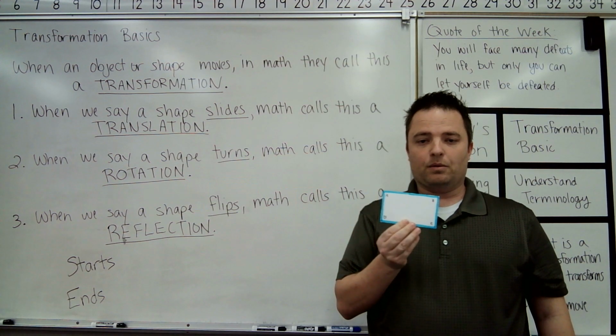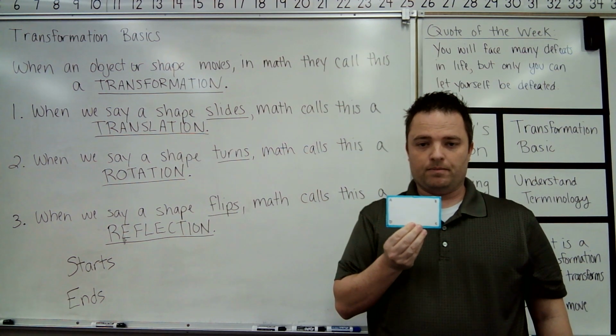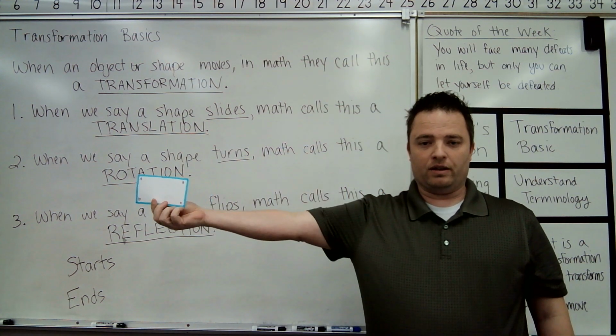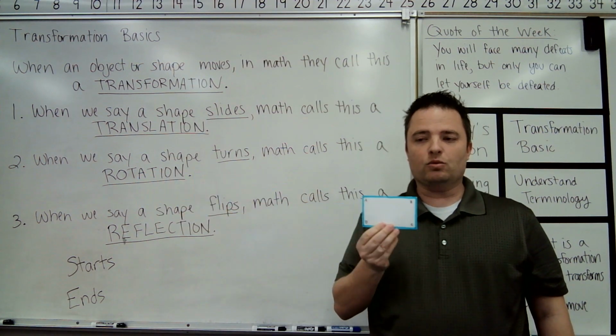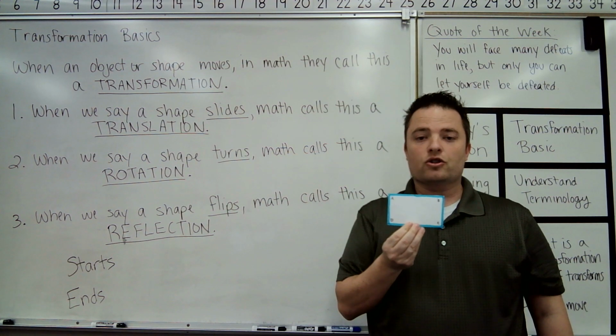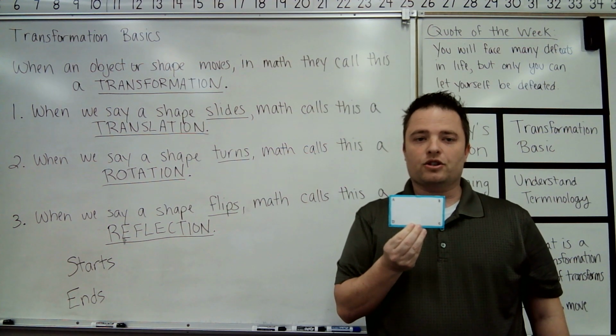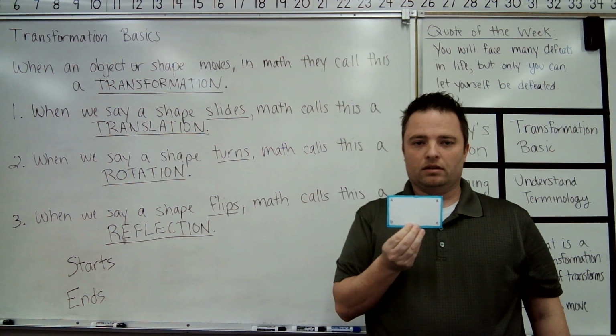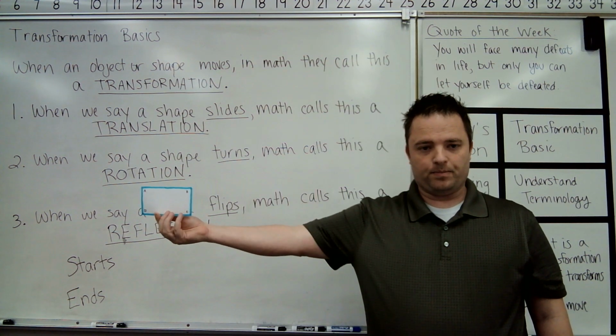Okay? So I would take a picture of where it started, and then I would take a picture of where it ended. And if I knew where it started and where it ended, I can categorize that this was a translation, right? A move, like a slide to the left.